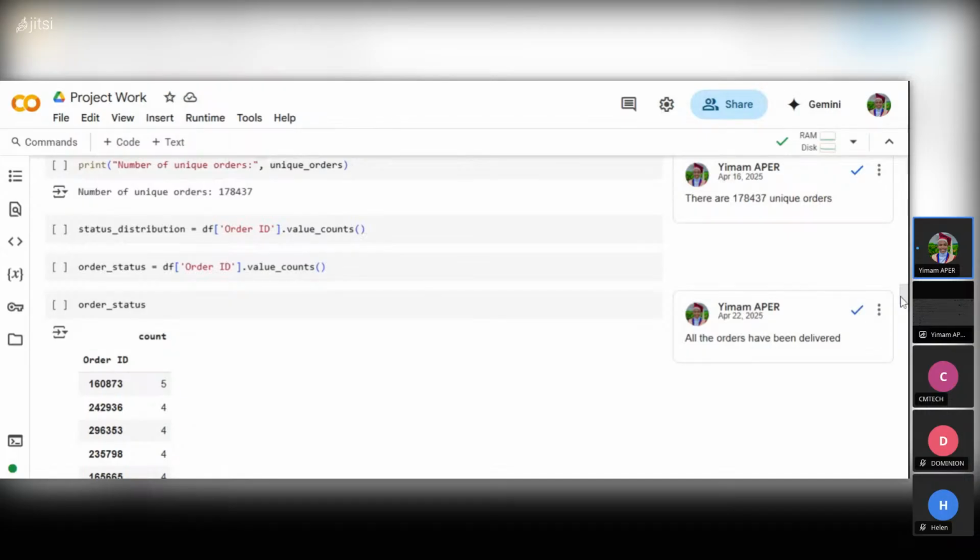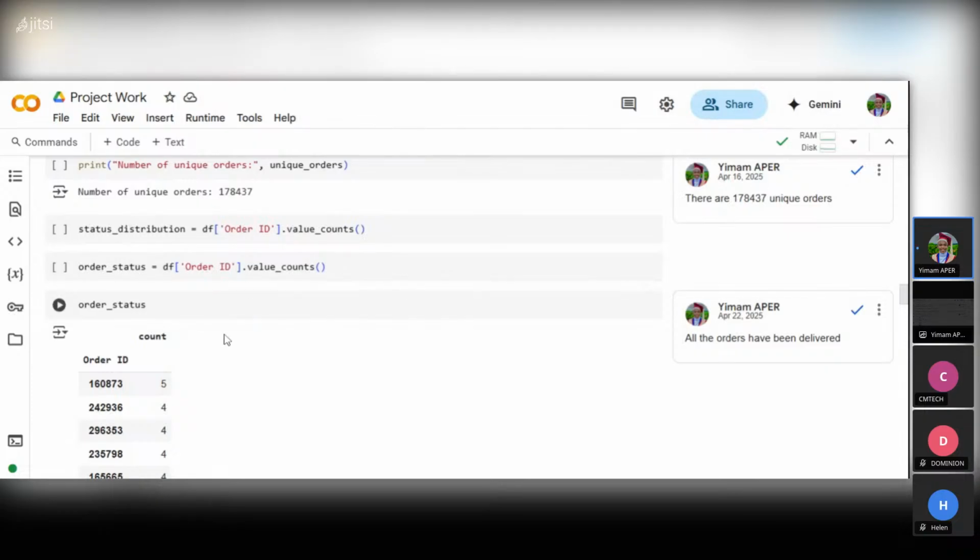So now let's look at what I did here. I was trying to find a way out if I can actually answer the question that earlier said it was unattended to, what is the distribution of order status. So I said order status is equal to DF order ID, to count the values in the order status.